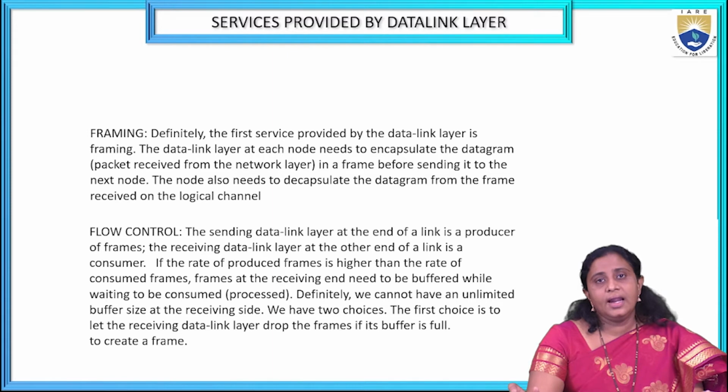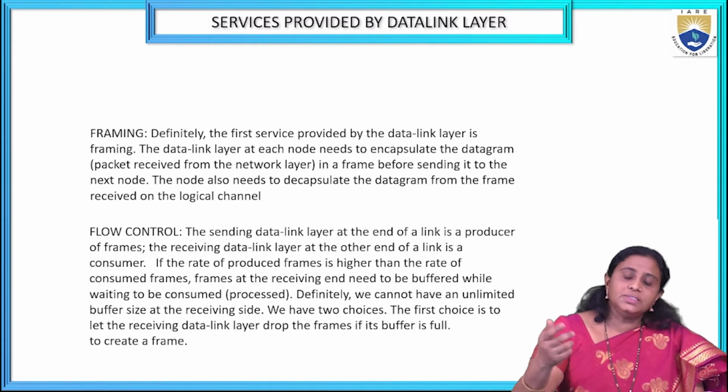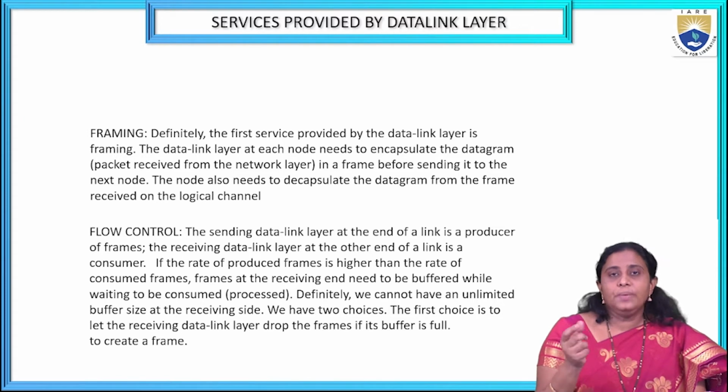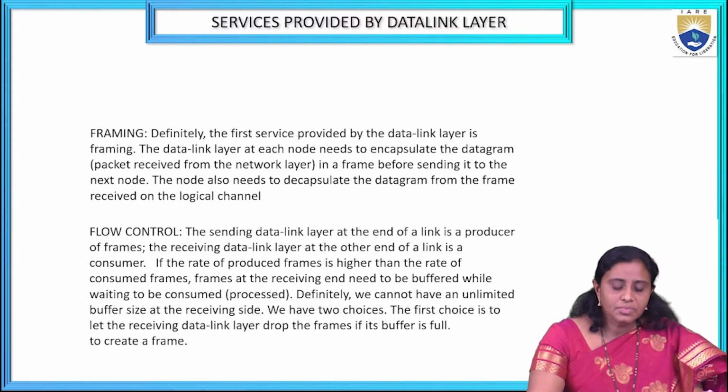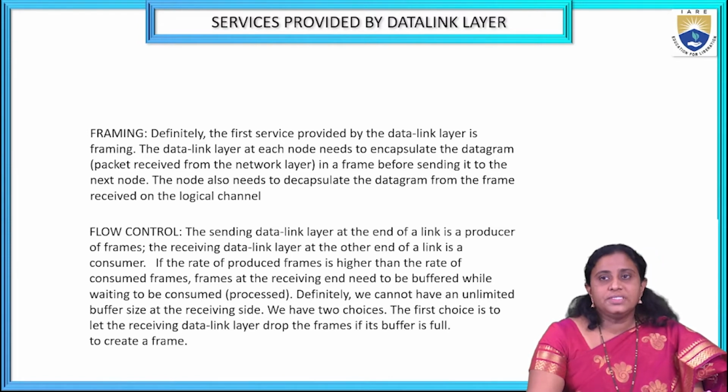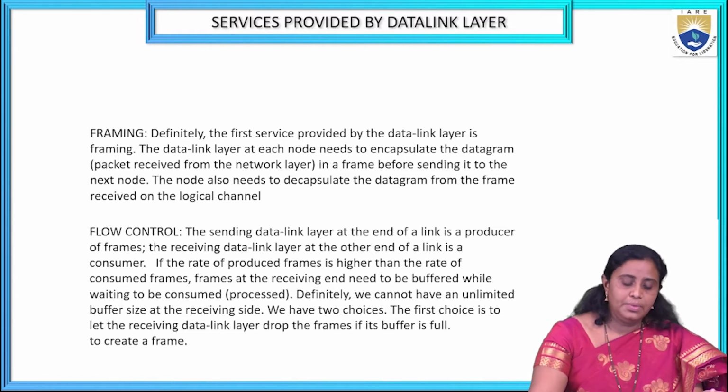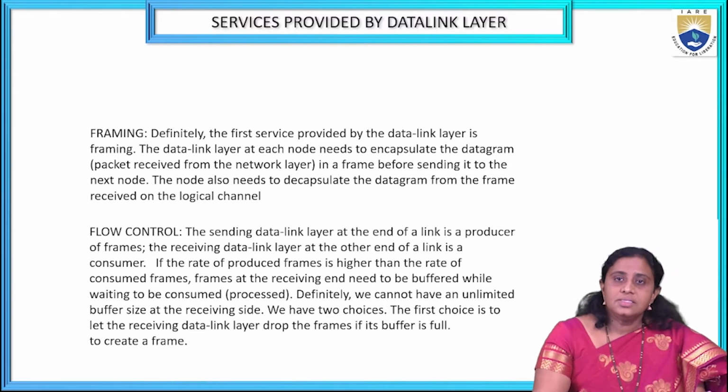A datagram, if you define it, is nothing but a packet, a unit of data received from the network layer, in a frame. Before sending it to the next node, the node also needs to decapsulate the datagram from the frame received on the logical channel meant for the transportation.